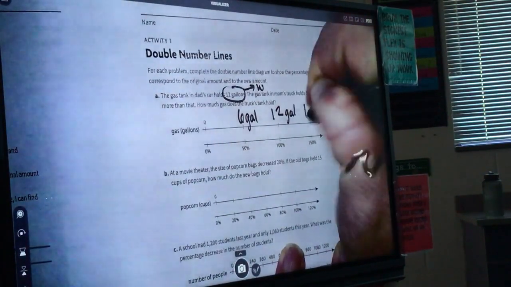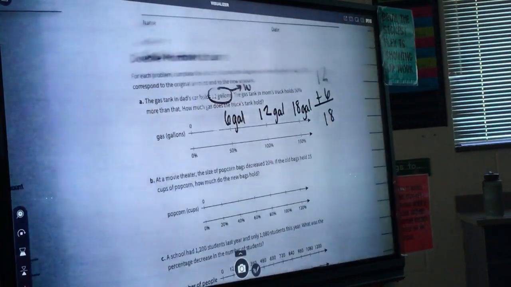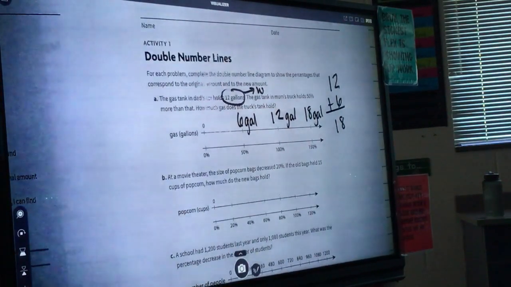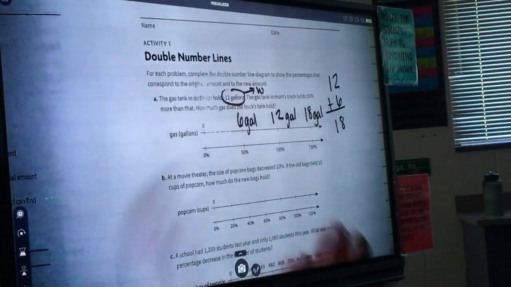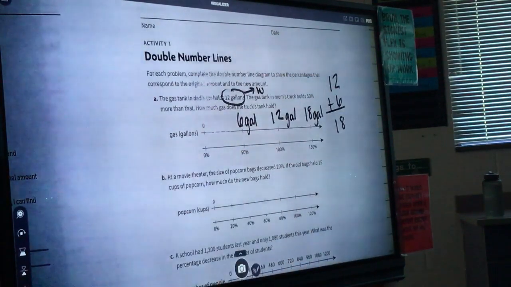And you know that the truck holds how many gallons of gas? 18, right? That is how this works. So you have to determine your 100%, what number represents that, and then based off of your number lines, you have to figure out what numbers go where.